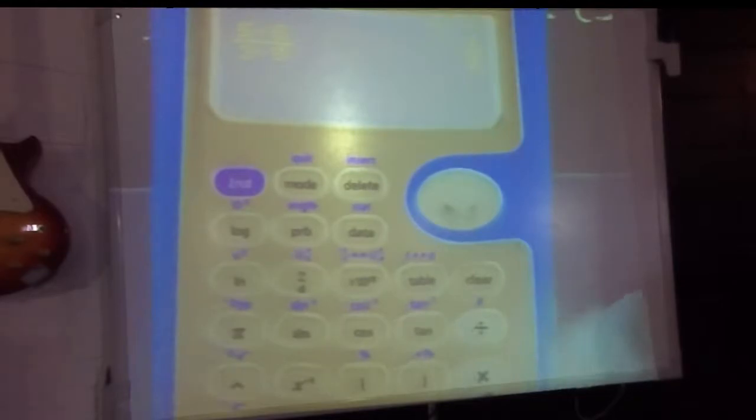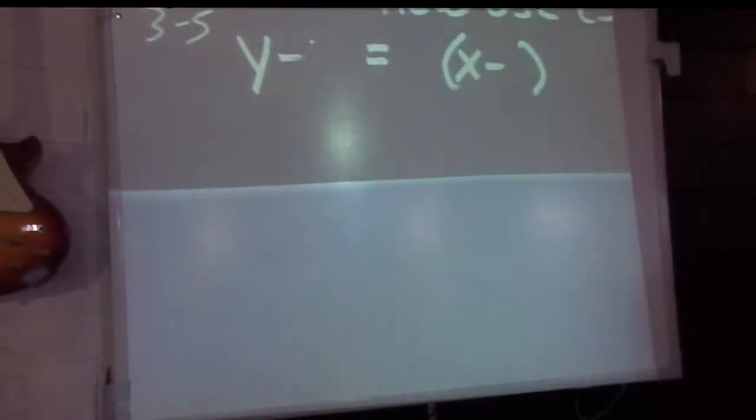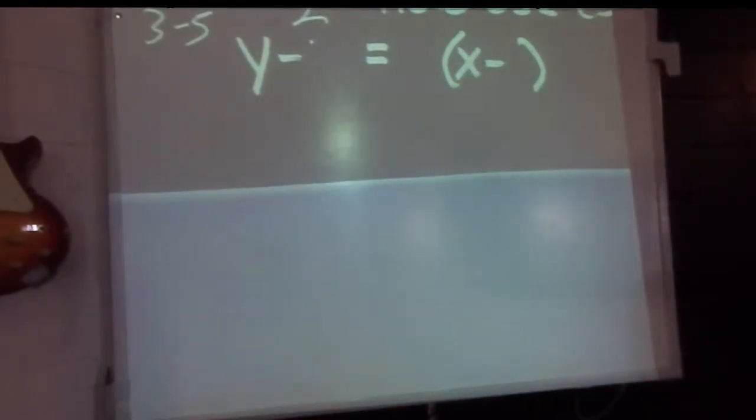And the beauty of it is it reduces it to positive 1/2. 5 minus 6 is negative 1, and then 3 minus 5 is negative 2, so it's negative 1 over negative 2. But the calculator just took care of it for you. So your slope is... wait, how do you make it positive? Because it's negative 1 over negative 2, and negative over negative is positive. So your slope is 1/2.